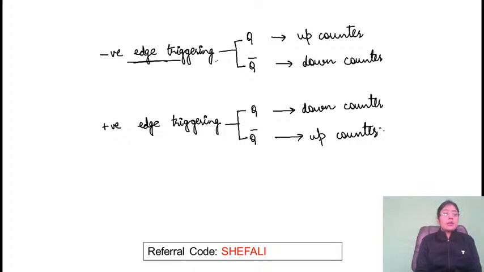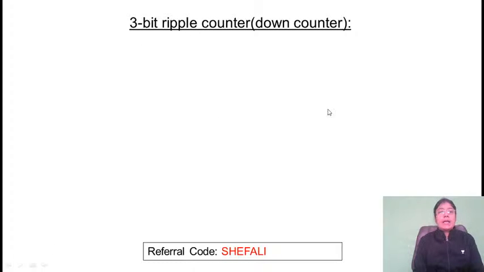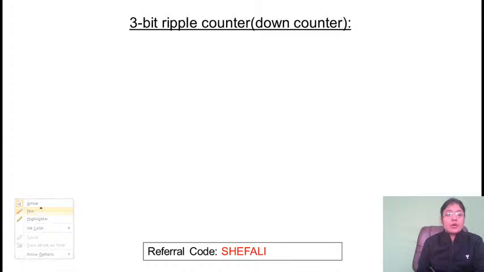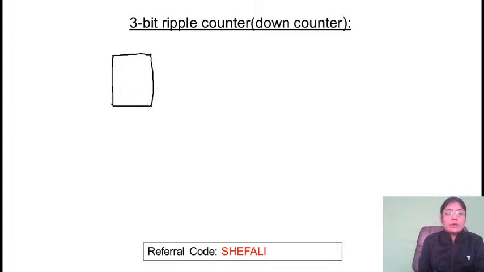For this, let's consider one more example. Let's consider 3-bit ripple counter. In the 3-bit ripple counter, now I'll be using the positive edge triggering. One example we did on negative, next example I am taking on the positive clock using T flip-flop, and the value is set to 1.